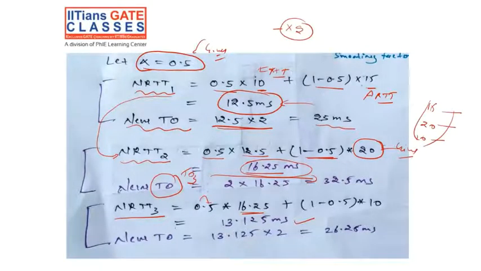If you multiply with 2, the value will be 26.25, which decreased from the previous timeout. Earlier it was 32.5, now it is 26.25.